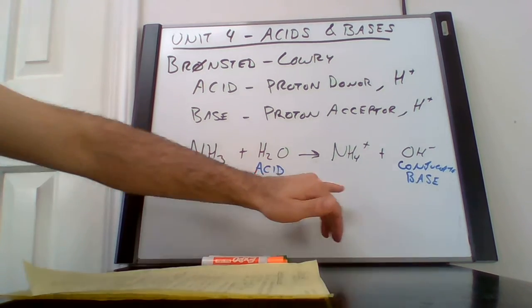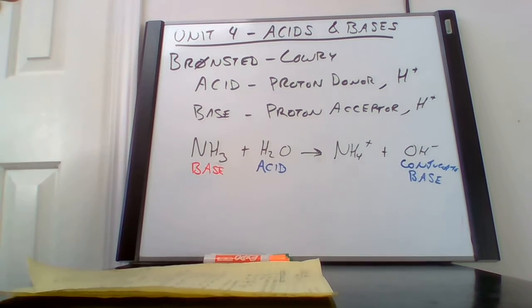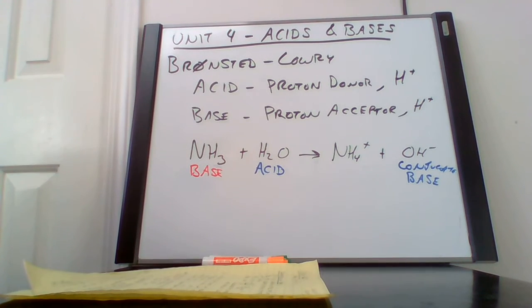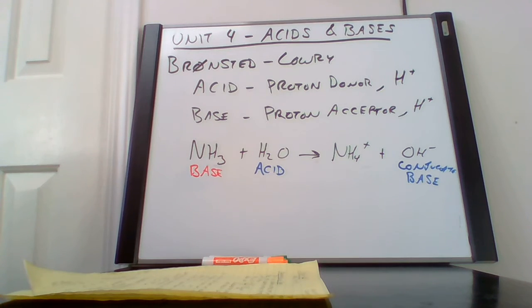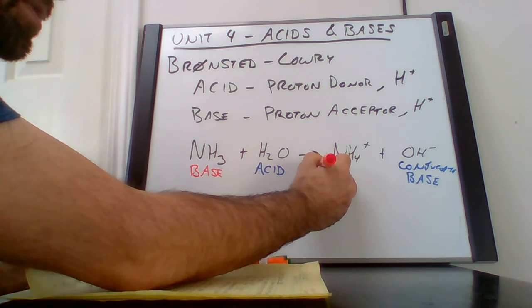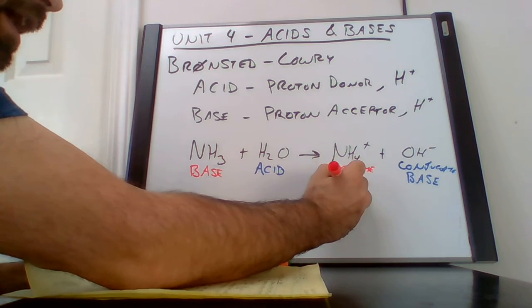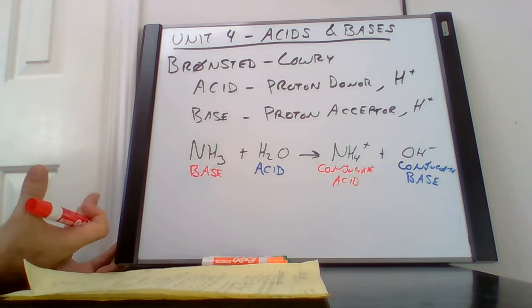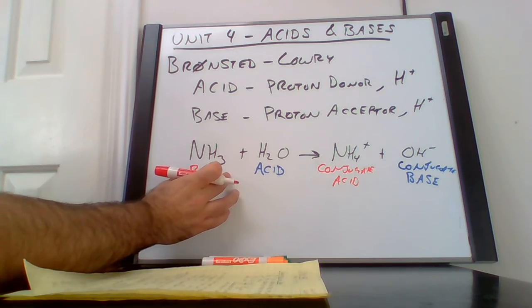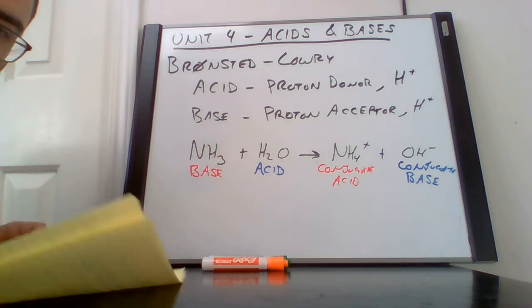Similarly, we have our NH3 being our base, and that makes this NH4+ our conjugate acid. Okay, because these two substances differ by that one proton again. So the NH3 and the NH4+ are a conjugate acid-base pair.